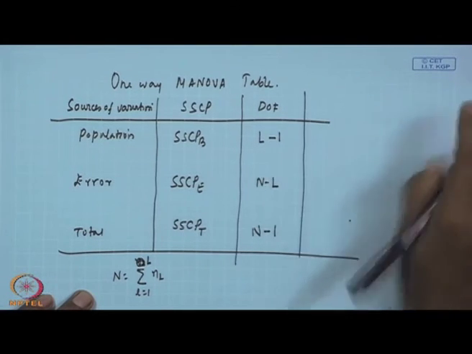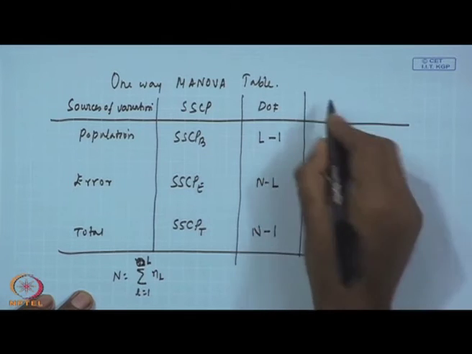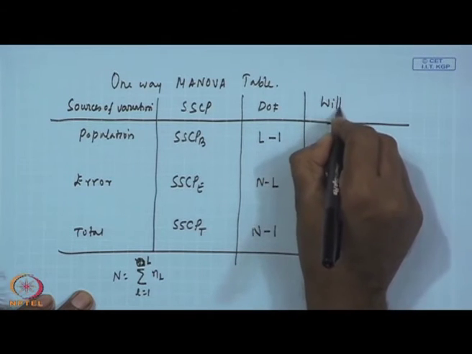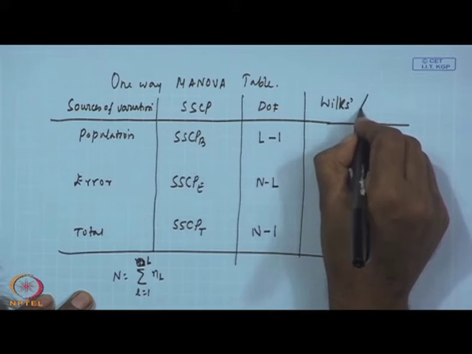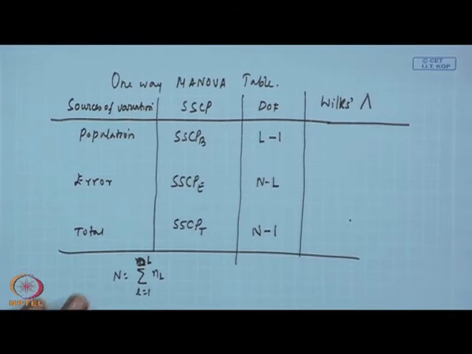Here we will not use like this, we will create a matrix called Wilks lambda. Wilks lambda, this is basically a ratio.